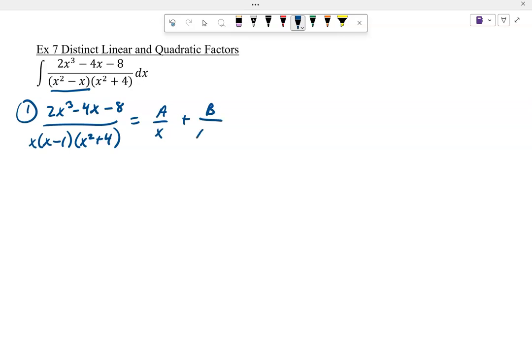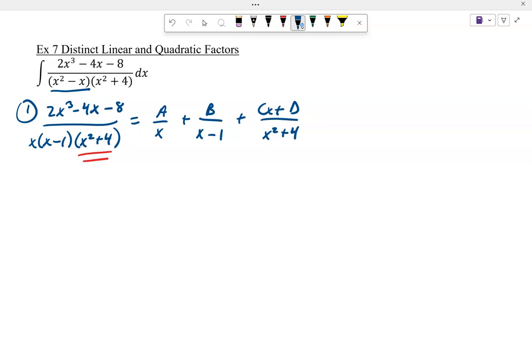B over that next unique linear factor. Now, notice this. This is a quadratic factor, right? So when you set this one up, what you do is you put a linear on the top, Cx plus D over that quadratic factor. So Cx plus D over that x squared plus 4.